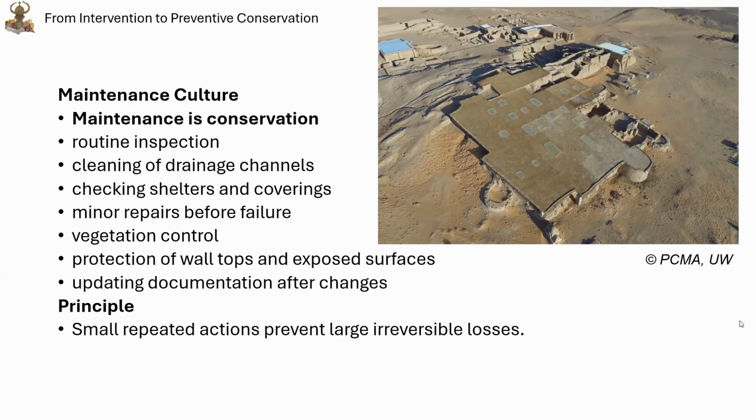Many severe failures begin as a small defect: a blocked drainage channel, a crack, a damaged shelter, a loose plaster edge, an eroded wall top, or vegetation growth. If these are addressed early, large-scale damage may be prevented.